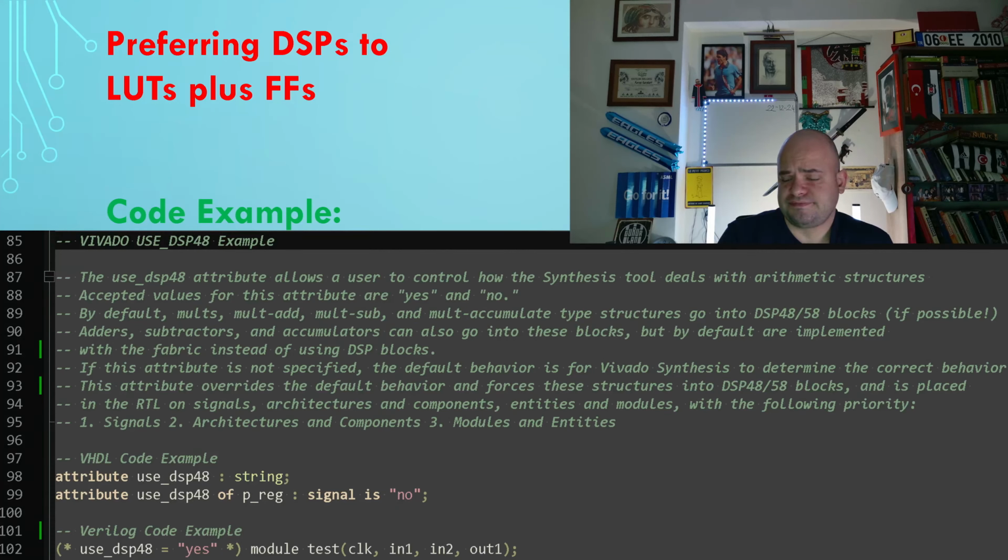And then the tool will not prefer DSP48 or 58, but the tool will use some lookup table and flip-flop combinations. Then you will not be able to benefit from those highly optimized, higher speed DSP blocks. So that is why I add this if possible warning.